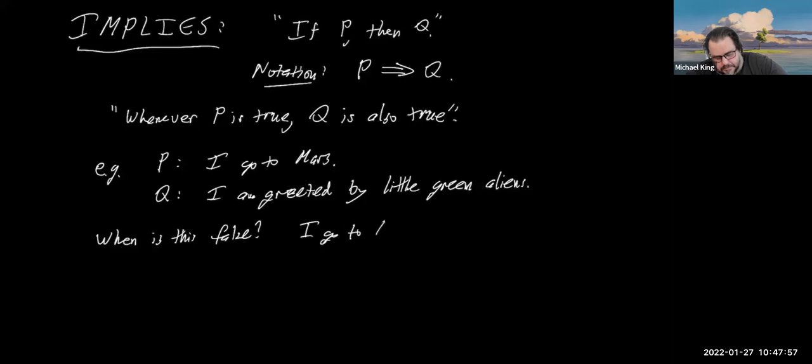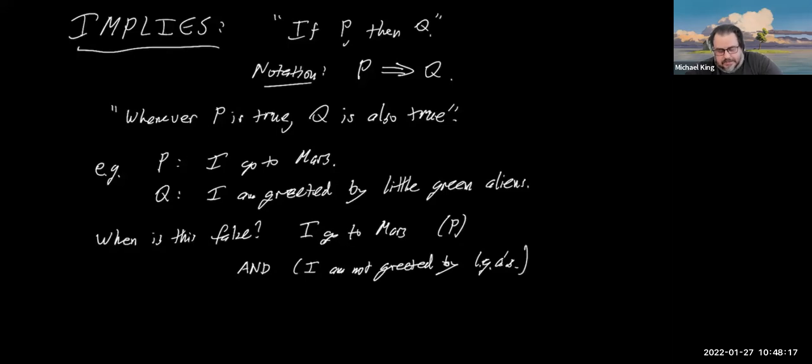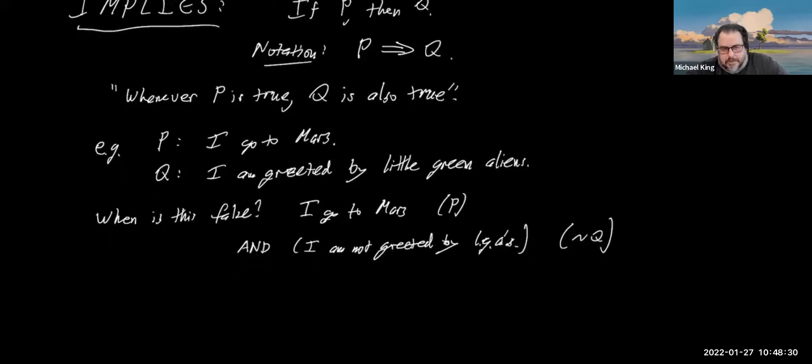I go to Mars, which is P, and I am not greeted by little green aliens. I tried to write it out, so now I'm calling them LGAs. And that is not Q, right? So this is false when you have P and not Q.